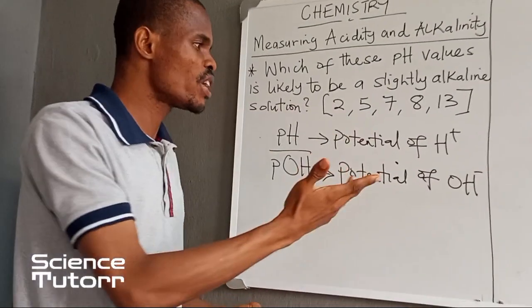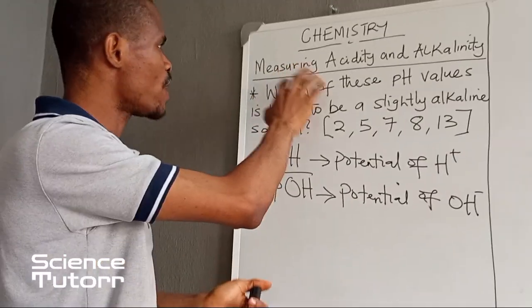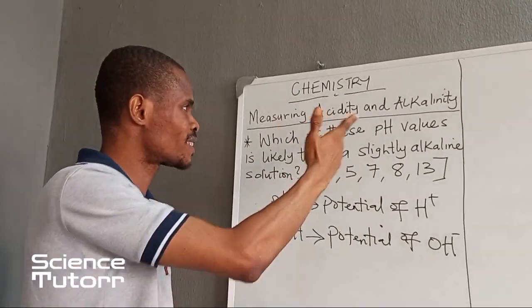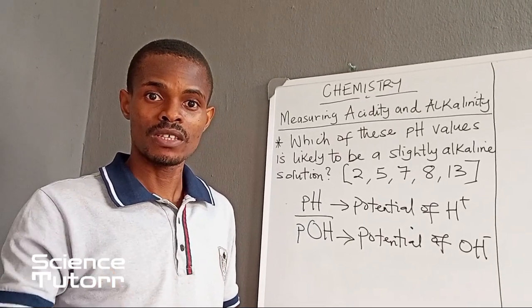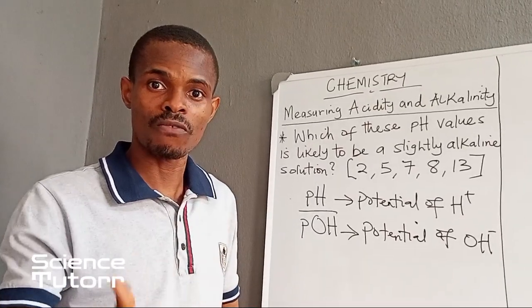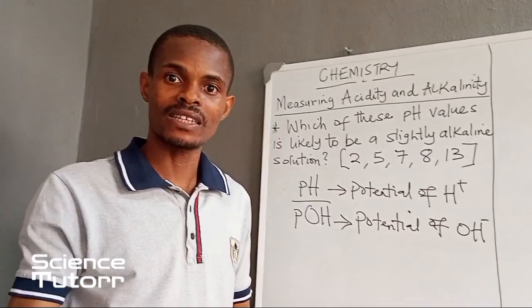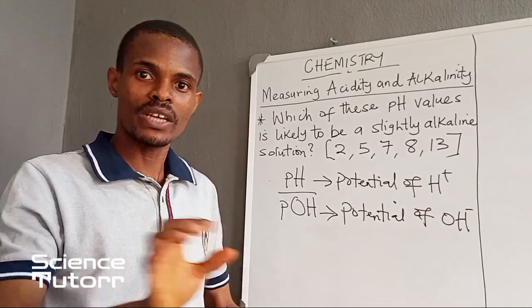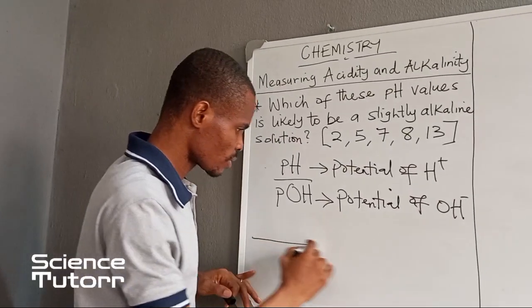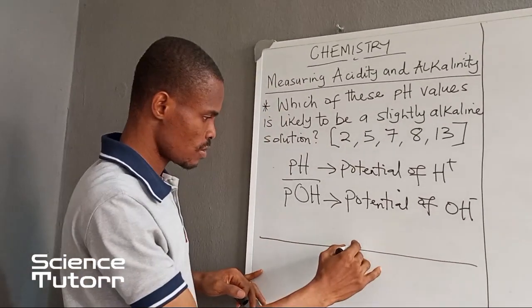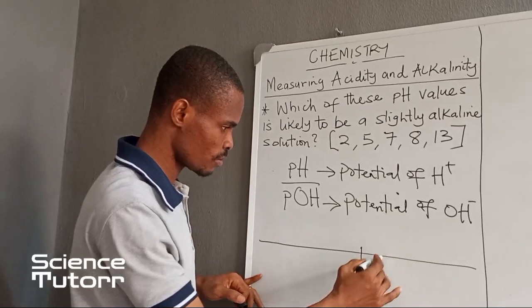Now, what is the pH talking about? Based on the measuring of acidity and alkalinity of a solution, the pH of a solution simply measures the level of acidity and alkalinity of a solution. It ranges in form of numbers from 0 to 14. The scale looks like this. The center we have 7.